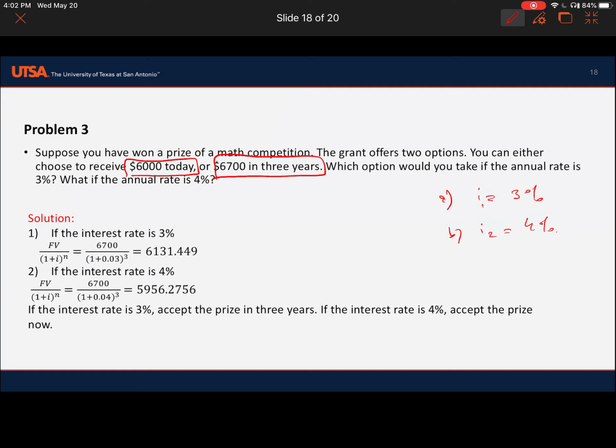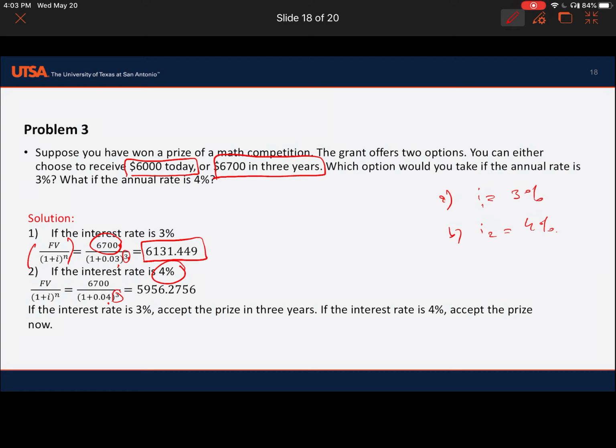Option A, option B. Okay. If the interest rate is 3%, the present value calculation is future value divided by 1 plus I to the n, where this is your future value, this is the interest rate, and the number of years. If the interest rate is 3%, the present value is just over 6,000. If the interest rate is 4%, with the same number of years, you will receive just shy of 6,000.